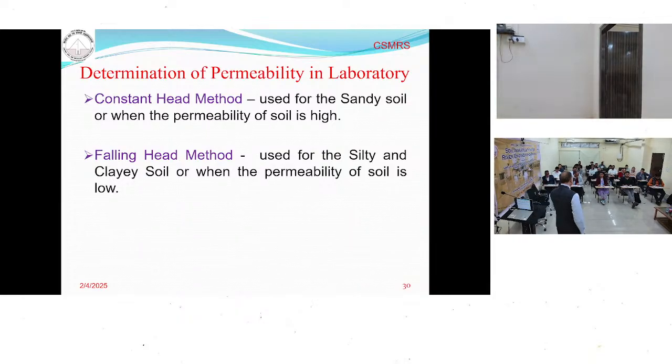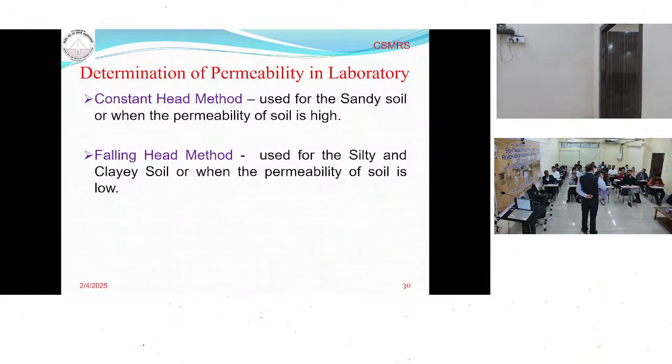So the constant head method and the falling head method. Where do we use each? Constant head is used for coarse grained soil and falling head for fine grained soil. The point is that for fine grained soil, the permeability is very low, so even for the collection of a small amount of water you require quite a long time, it could be months.